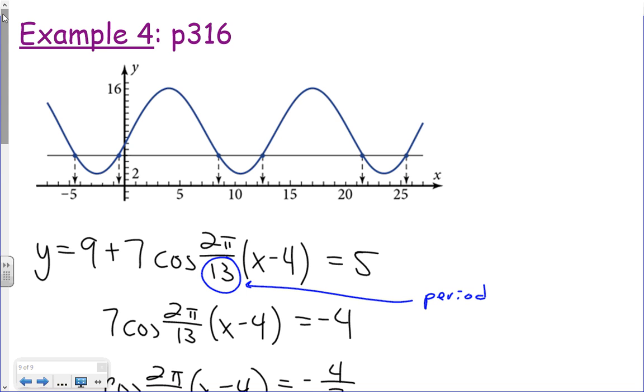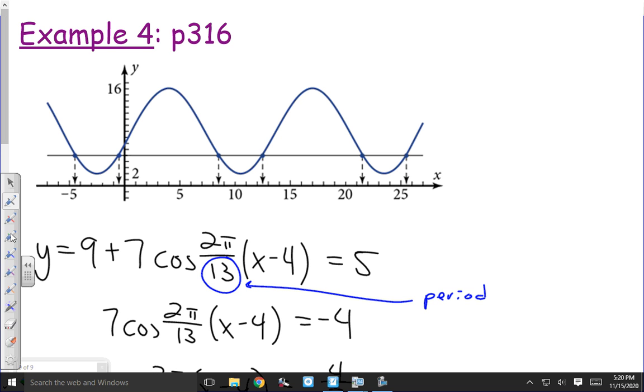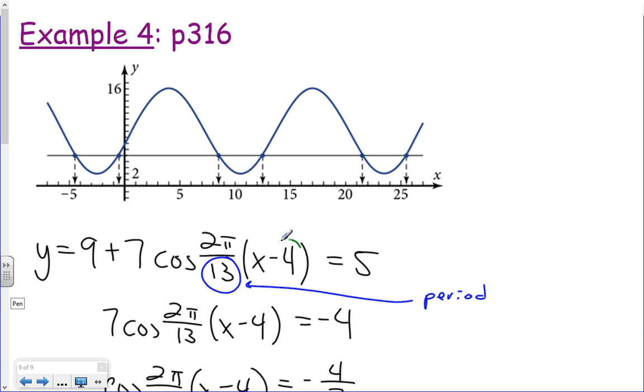Again, the starting point for us is to consider what our phase displacement is. So our phase displacement here is 4, and 4 is right here. So at x equals 4, that's where I start counting with n. This is where n is equal to 0. That's where I have to figure out what value of x to start out at, and it's based on that phase displacement.